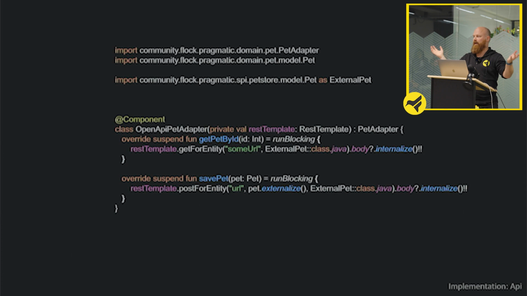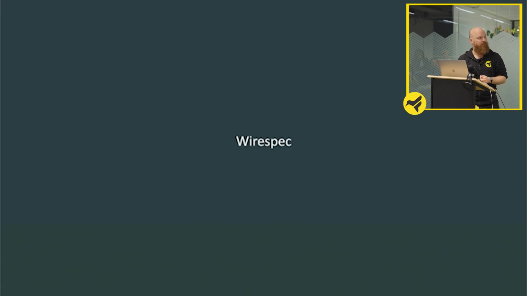If you now go to Java, but not Spring, this is just a lot of things that you need to generate for all those options. So we're actually building WireSpec, which is a hobby project or a Flock project that Veluw and I are working on, that tries to solve this problem.